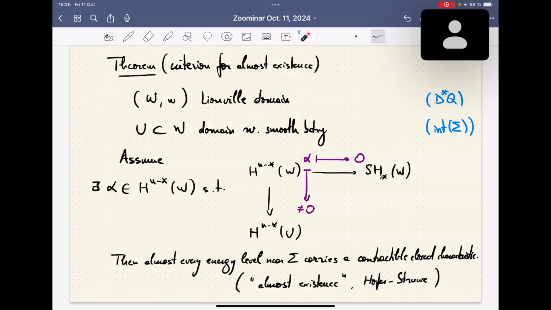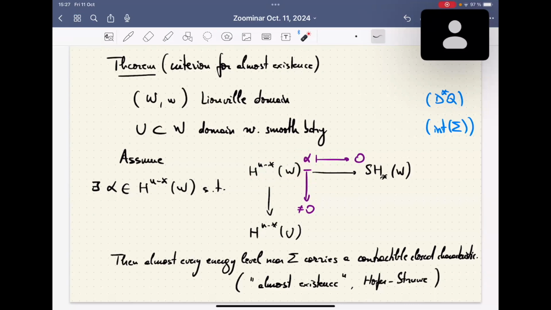And if I find a class in the classical part which goes to zero in the symplectic homology, but which stays non-zero when restricted to the domain, then I have almost existence. Almost every energy level near sigma carries a contractible closed characteristic. And this almost existence notion goes back to Hofer and Zehnder.